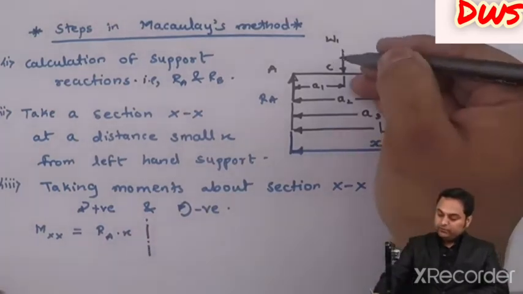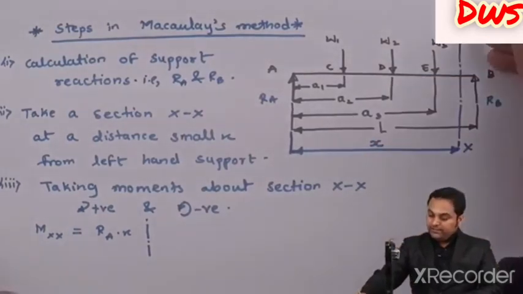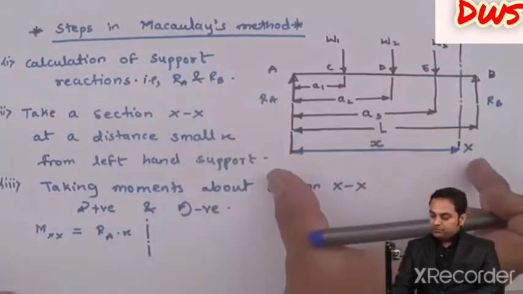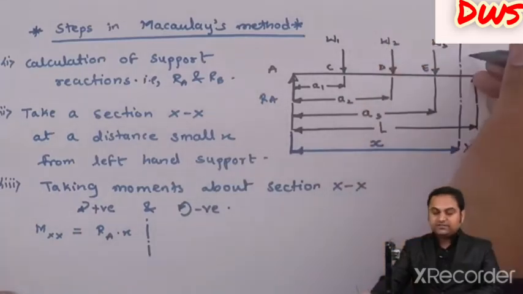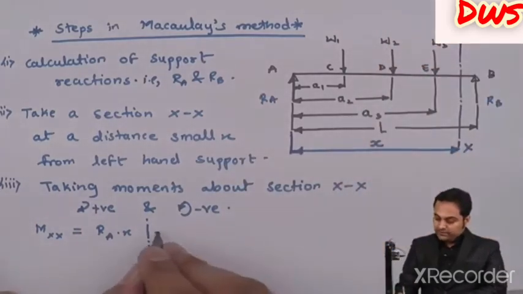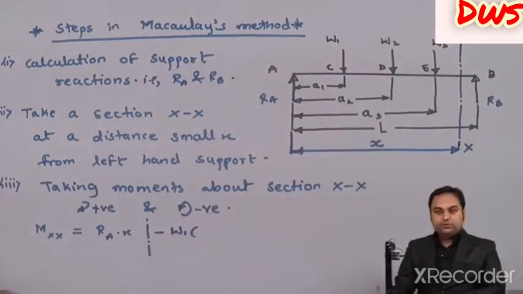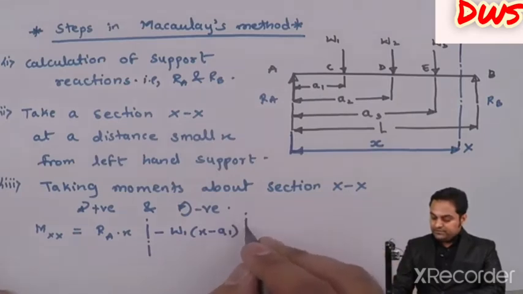Next, W1 will produce anti-clockwise moment. Now the distance between section XX and W1 is x minus A1. So that is minus, because it produces anti-clockwise moment, W1 into x minus A1, the second term.